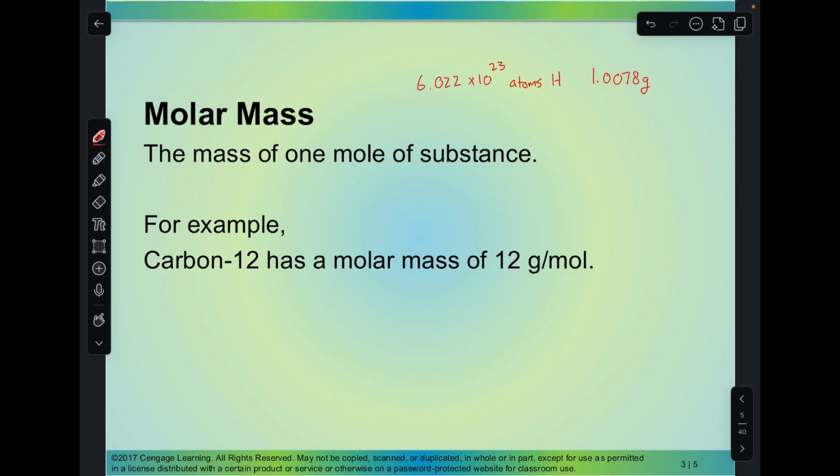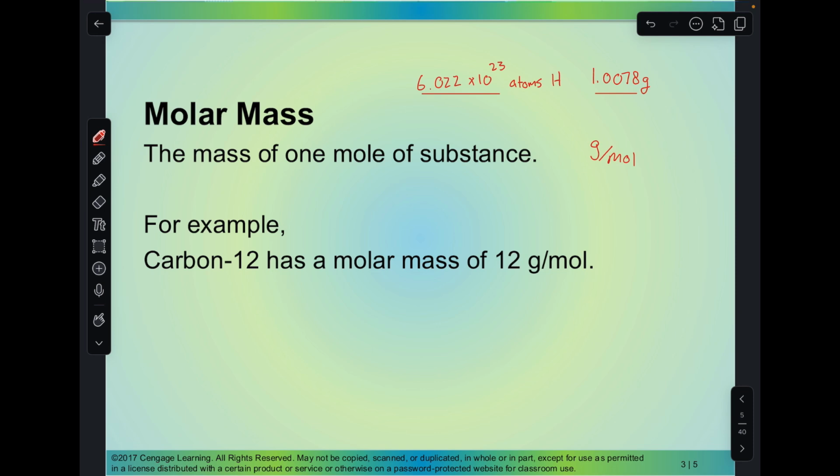This is saying that 1 mole, this number of atoms of hydrogen, is going to weigh this much. We call this the molar mass. It's measured in grams per mole. These are the numbers that show up on the periodic table.